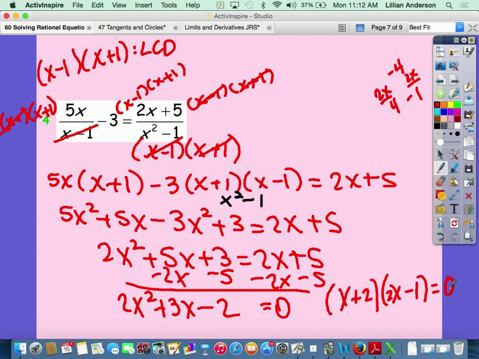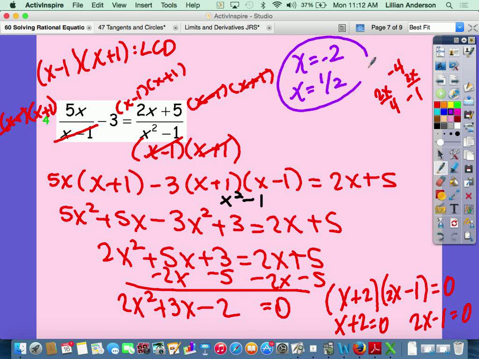Then you set both factors equal to 0. And so what is x? X is -2 and x is 1/2. Because you subtract 2, and then you add 1 and then divide by 2.